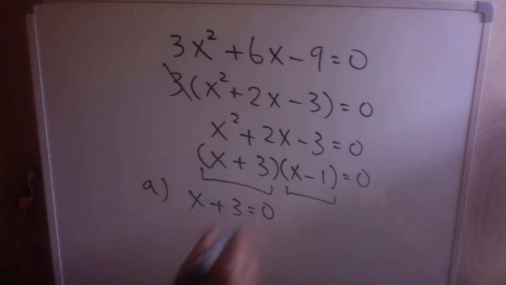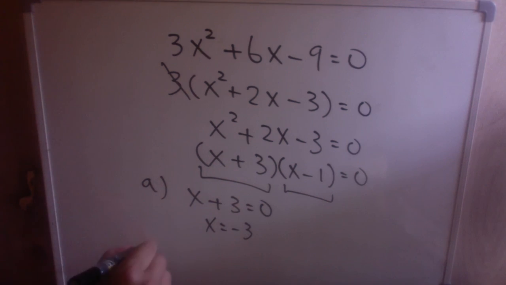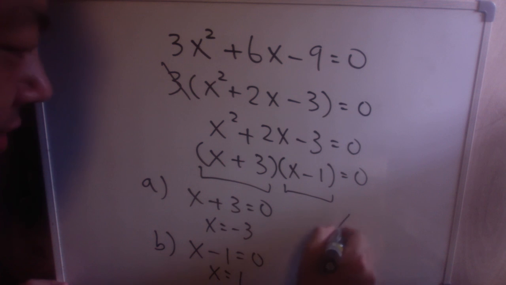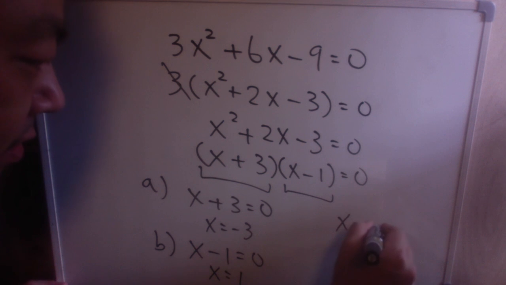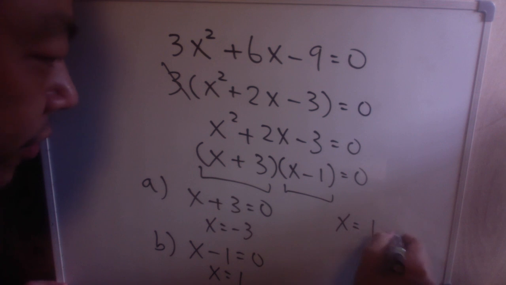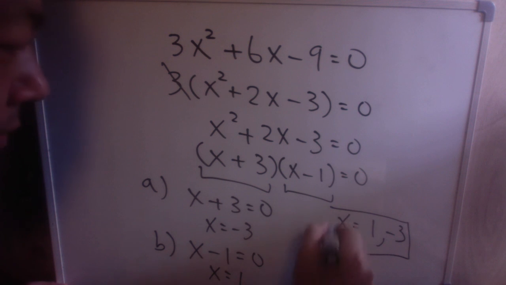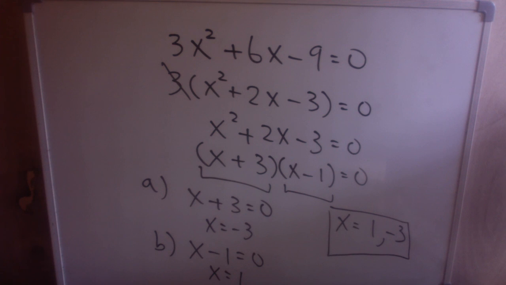So 3 goes to the other side, x equals negative 3. And the second part is if x minus 1 is equal to 0. So negative 1 goes to the other side, so that's just x equals 1. And we have our solution. We have x equals 1 or negative 3, and that is our solution.